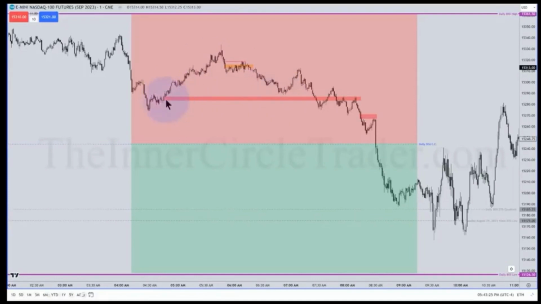So that PD array is an advanced version or application of the inversion fair value gap, but it takes you right back to the core context of where are you in price, what's it likely to go to next, and are you in a short-term premium or short-term discount? If we're bearish and we're in premium, we can anticipate price reaching down into a discount, but not some random level, very specific levels.